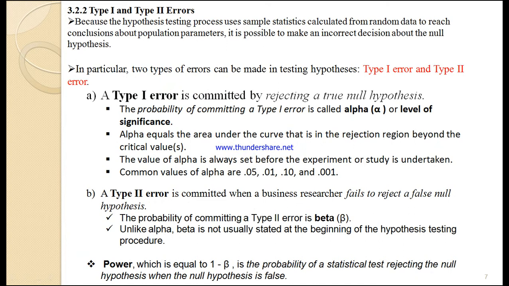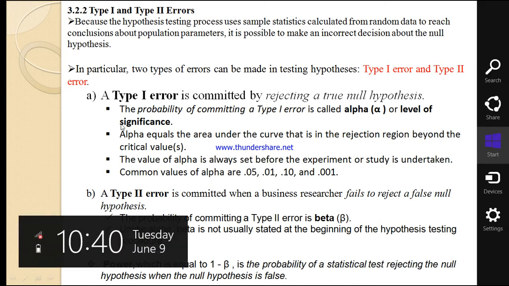The other concept that we need to know when we study hypothesis testing is type 1 and type 2 errors. There are 2 types of errors that we commit in the process of hypothesis testing. These are type 1 error and type 2 error.